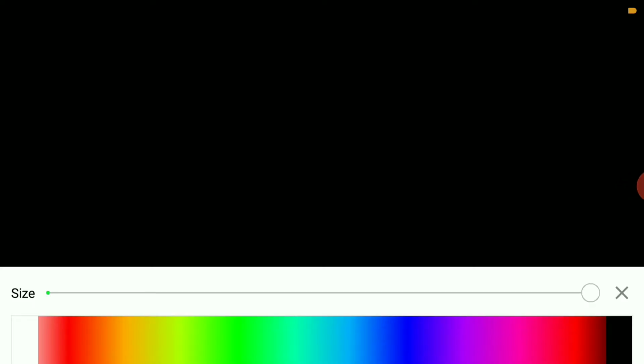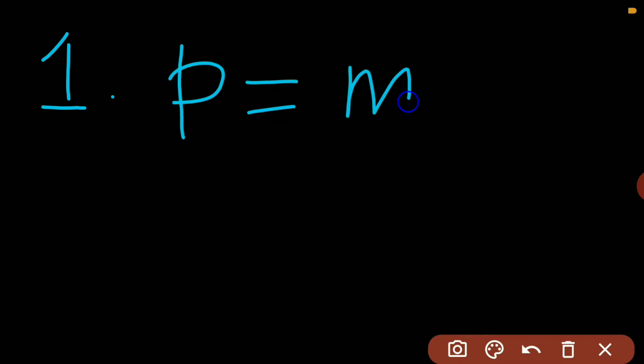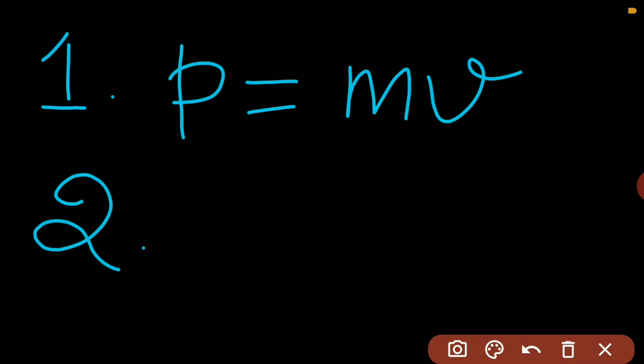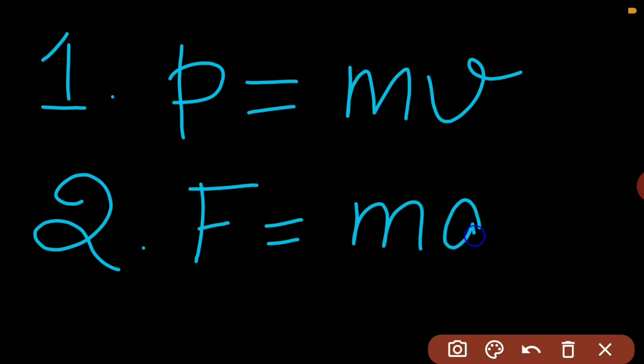So number one was momentum, that is linear momentum equals mass multiplied by velocity, and the second one is force equals mass into acceleration.